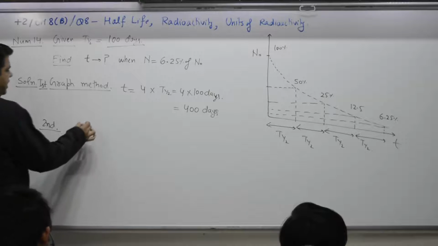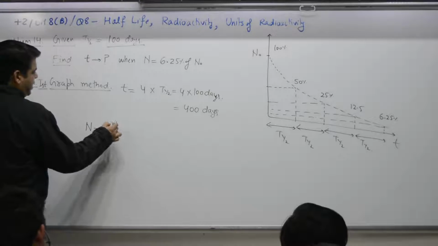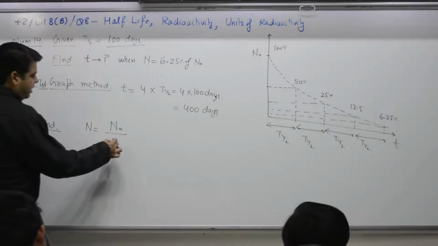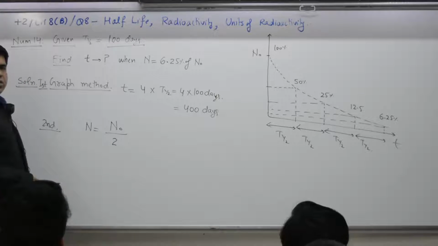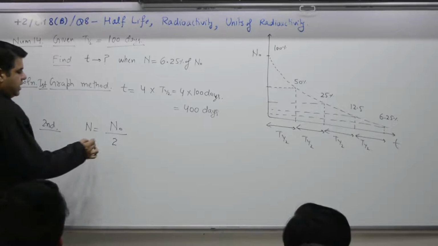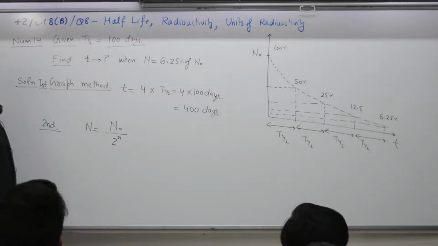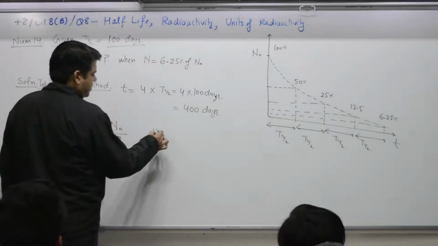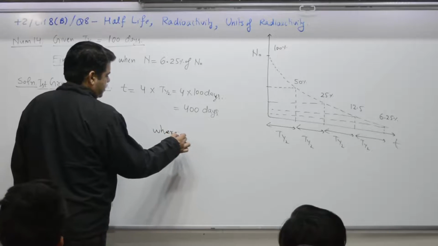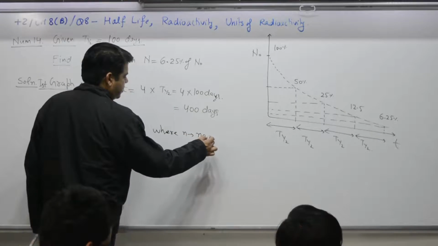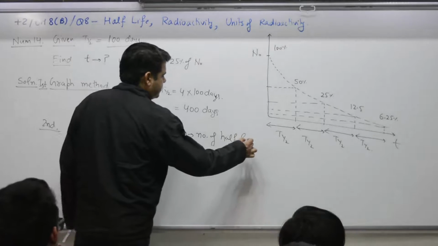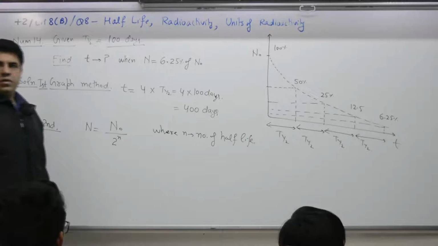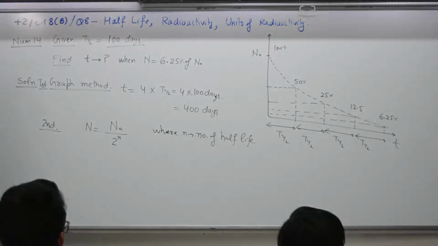Any number N, original number N naught. In one half-life it is 2 to the power 1. In two half-lives 2 to the power 2. In three half-lives 2 to the power 3. In n half-lives it is 2 to the power n, where small n represents the number of half-lives.